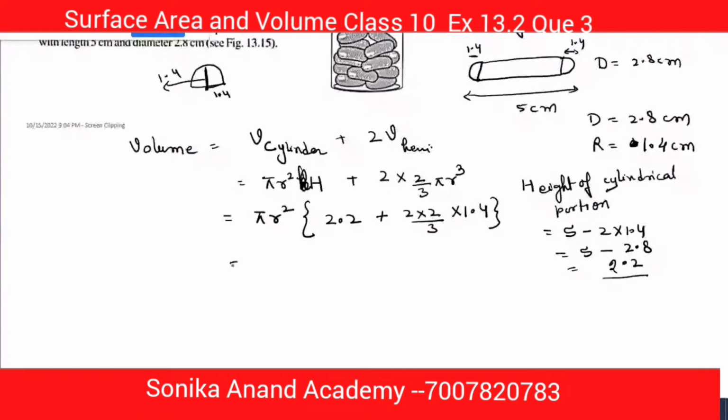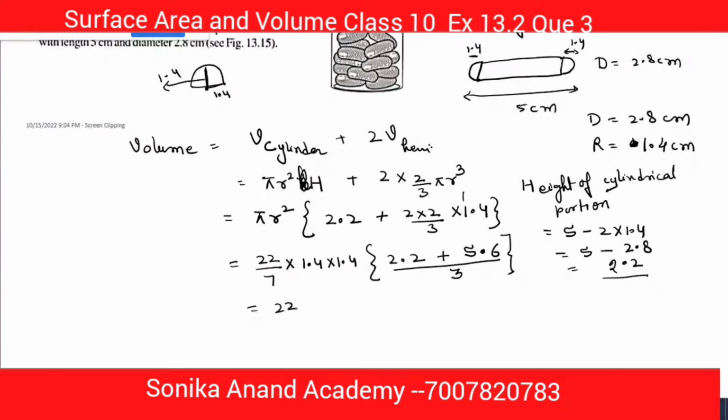So here we have 22 by 7. Radius is 1.4 into 1.4, 2.2. Now 2 fours are 4. So 4 fours are 16, 4 ones are 4, 1 5 upon 3.